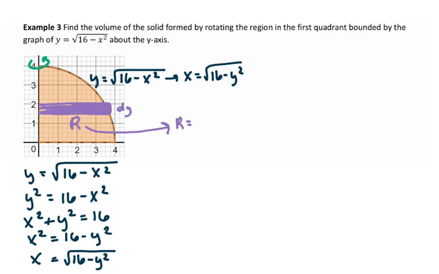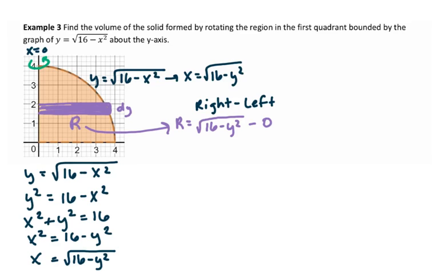So that means when we set this up here, we're going to do right minus left, where right we just rewrote as square root 16 minus y squared, and left is simply where x is 0, so that's just minus 0.